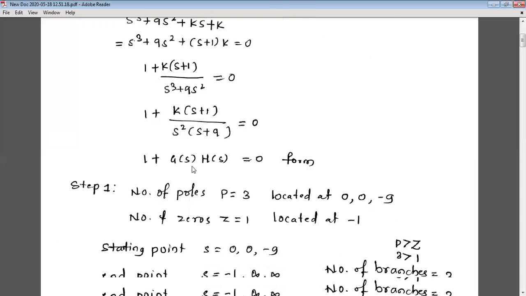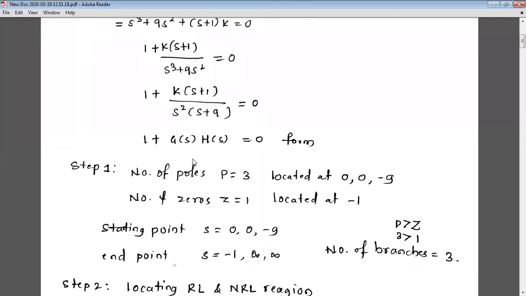Next, what are the starting points and end points of the root locus? In the introduction class I told you the root locus starts from open loop poles and terminates at open loop zeros. Here the open loop poles are located at 0, 0 and -9, and it ends at the open loop zeros.